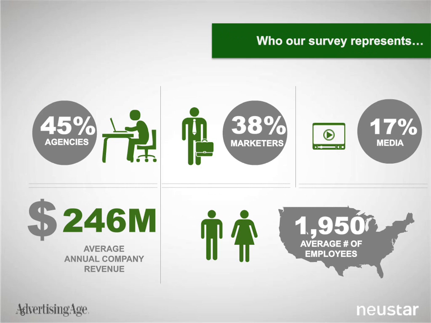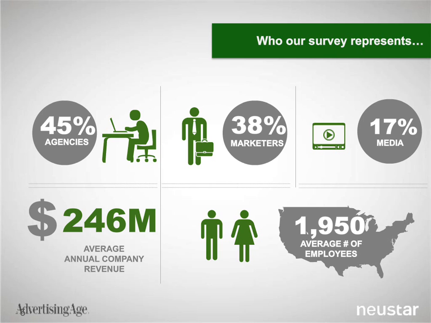The survey represents 421 responses, like I mentioned, across a handful of different company types. When we talk about agencies, 45% of the respondents represented ad agencies, media agencies, or PR agencies. 38% represented marketers. Of that marketing pool, it was made up of a handful of different industries, such as technology, which was about 9%, retail, 6%, internet, 5%, financial services, 4%, and then other industries made up the other 15%.